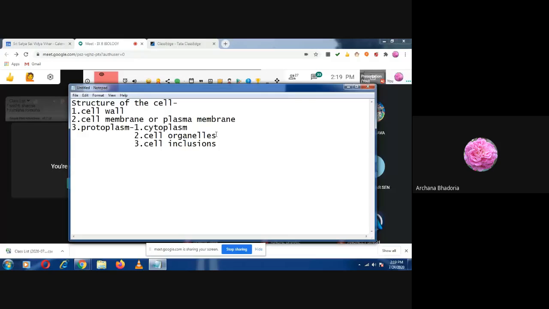Cell organelles perform the metabolic function, or help in some metabolic process. They perform some metabolic function, but the cell inclusions are meant for storage.